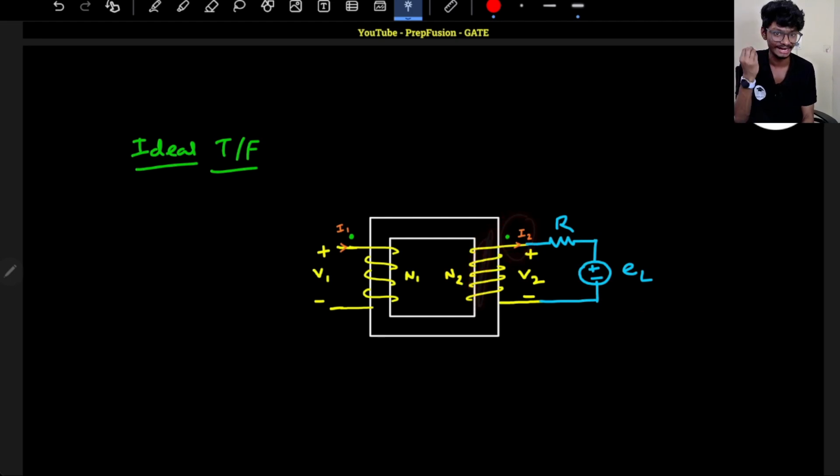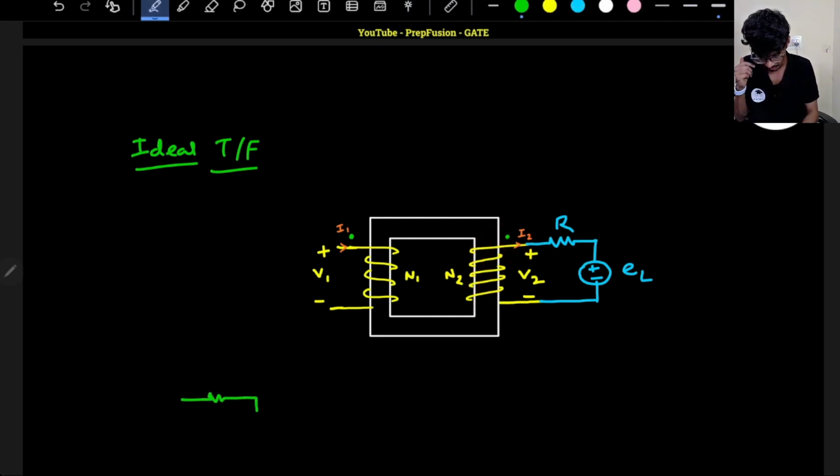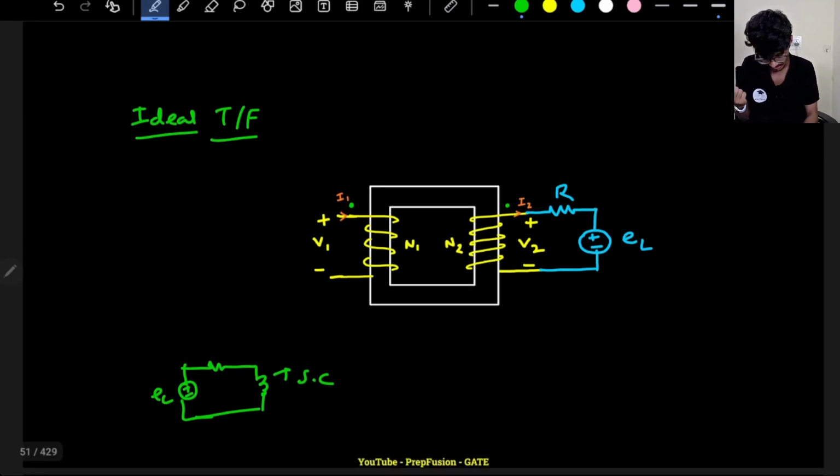This winding will just act as a short circuit because this is just an inductor, and we know whenever we have an inductor, initially there is some transient. After that what happens? Simply the inductor becomes a short circuit at steady state, right? So a constant current flows. What is the constant current? Constant current is simply EL by R. So due to this constant current, there will be a constant flux.